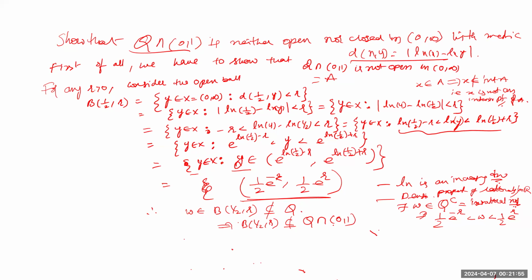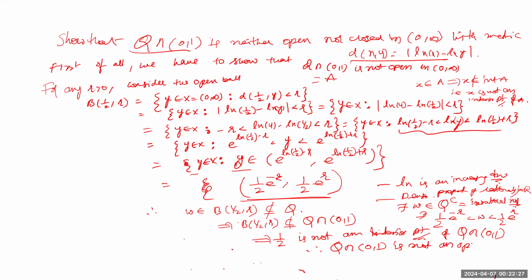So what is that meaning? 1 by 2 is not an interior point of the set Q intersection 0 comma 1. So therefore Q intersection 0 comma 1 is not an open set.